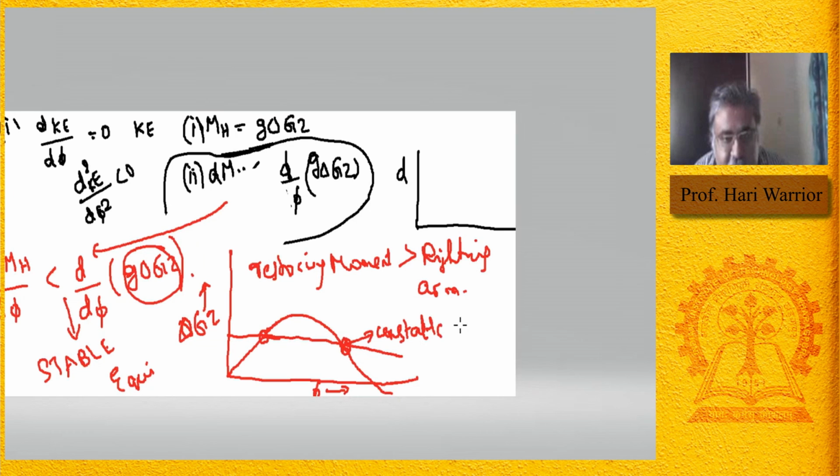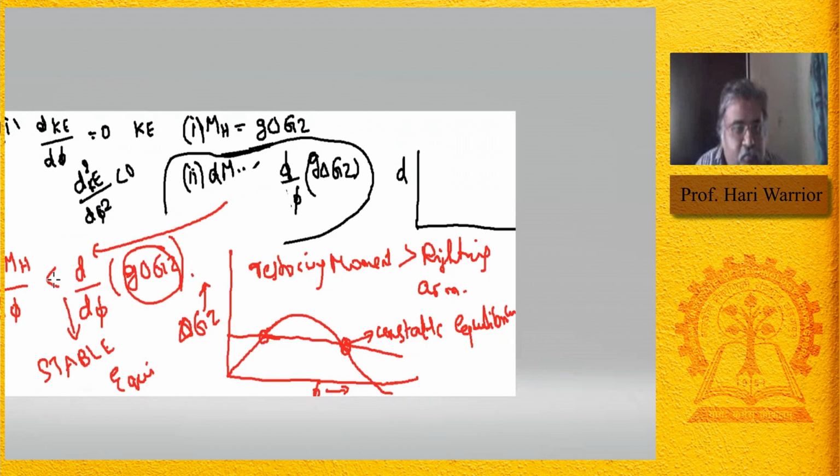Here, as the phi increases, this fellow is smaller than this fellow, which implies that it is unstable equilibrium.